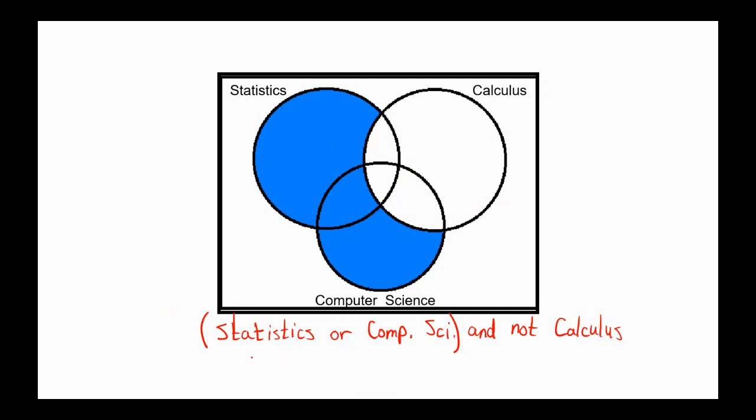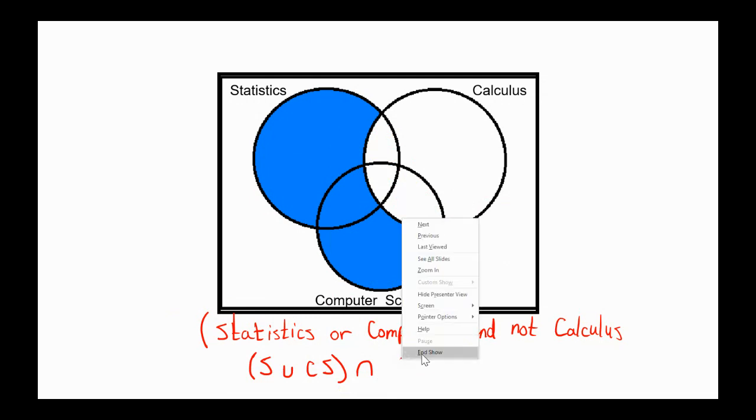Let's put this in the symbols. I want to have S or computer science. What's the symbol for the and? Okay. And then how do I say not calculus? Well, that means empty set, so it wouldn't be the 0 with the line.